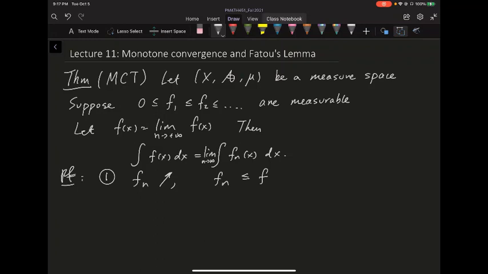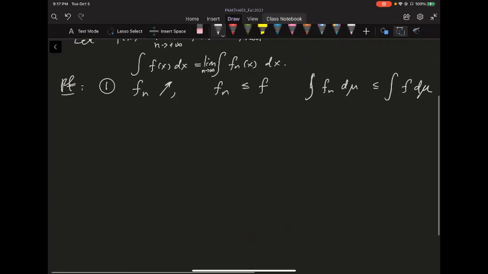Last time we saw that the integral is monotone, so the integral of f_n dμ is less than or equal to the integral of f dμ. So each integral of f_n is bounded above by the right-hand side. Basically we need to prove the other direction.